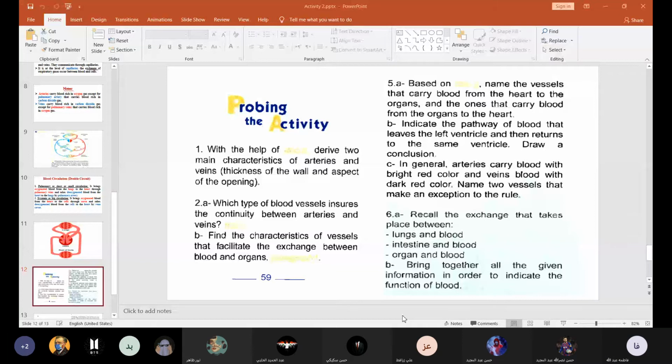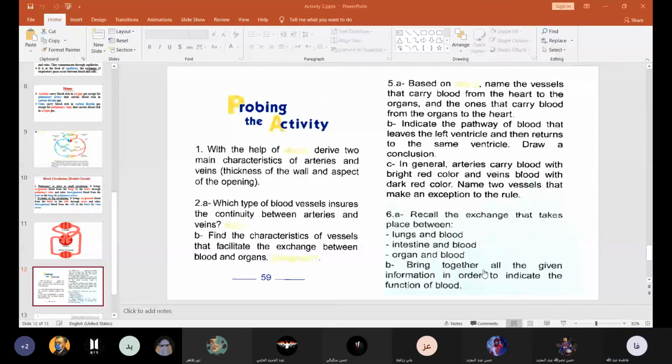So we were talking about arteries. They carry blood which is bright red in color, and veins carry blood with dark red color, except for 2 vessels that make an exception.